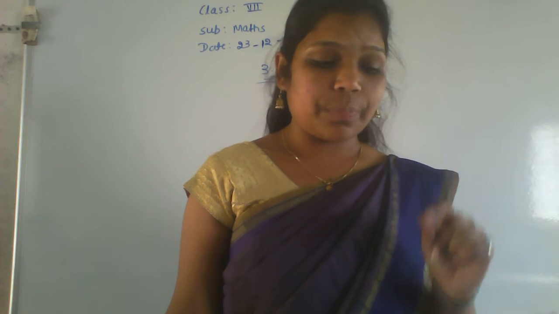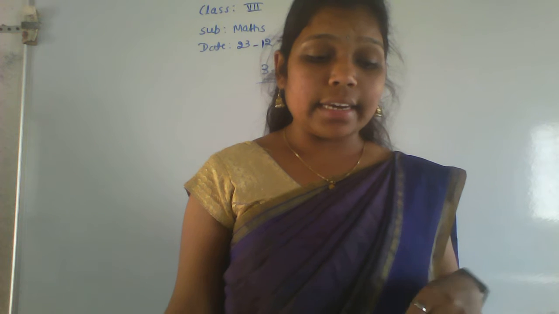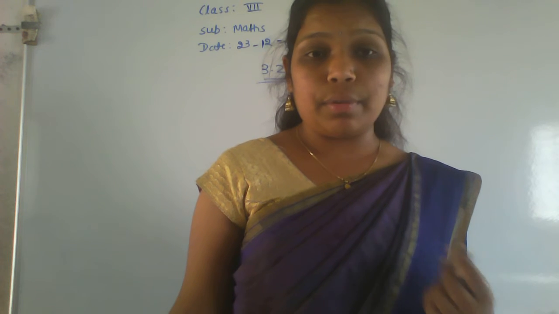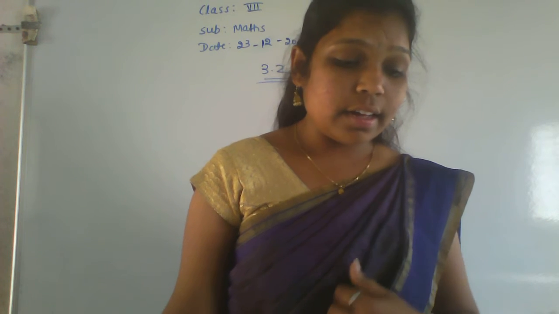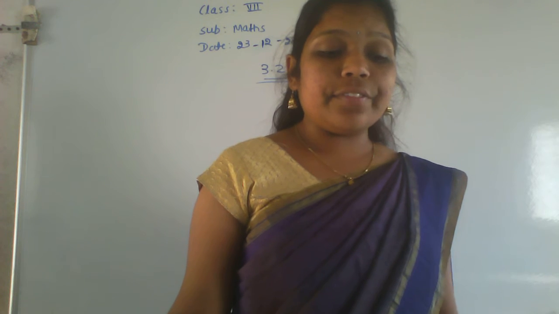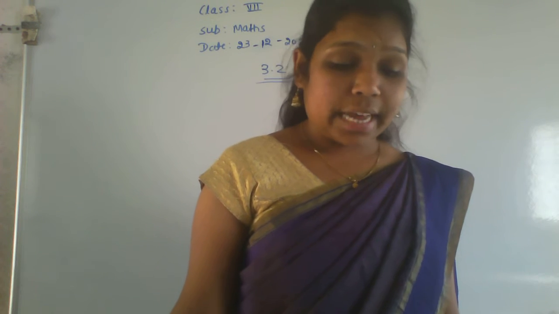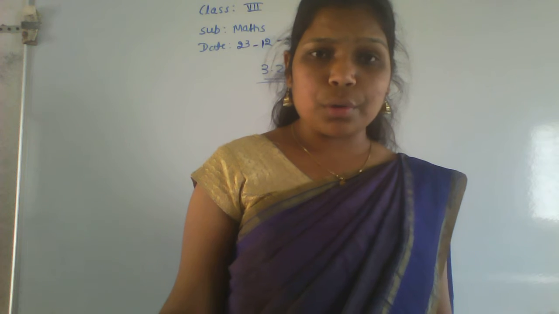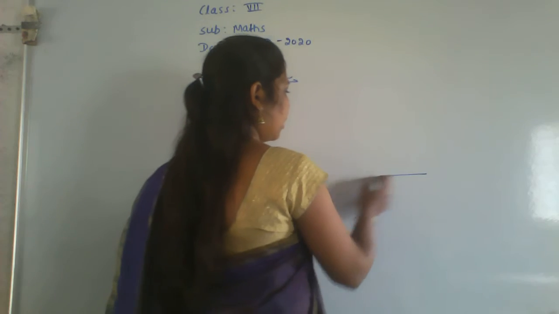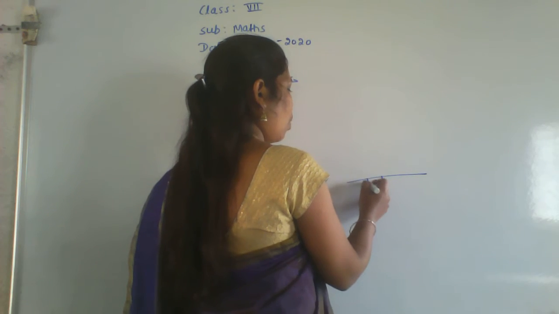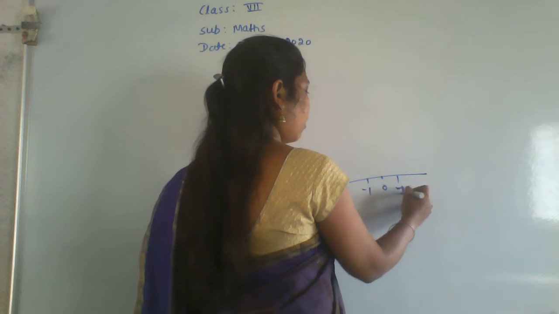The first one: 0 is greater than every negative rational number. Yes, of course. See here on the rational number line, 0, and here minus 1, here 1, 2.